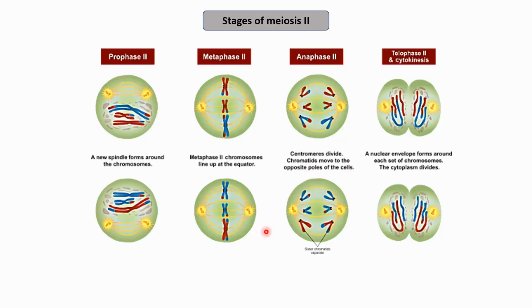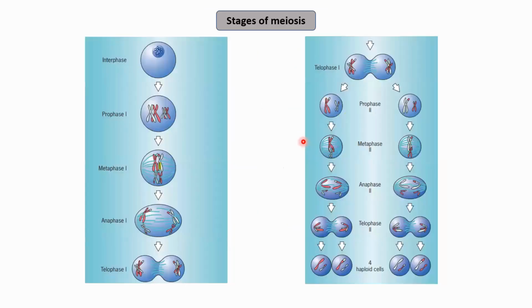And lastly, at telophase 2, which is followed by cytokinesis, a nuclear envelope is formed around each set of chromosomes. Cytokinesis is similar to the one in mitosis: the cytoplasm divides, and the cell finally divides into two cells.